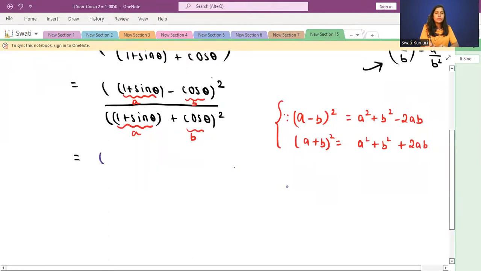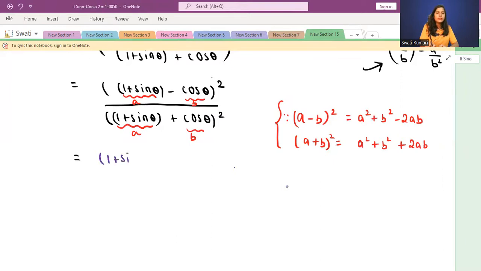So a is 1 plus sine theta, so this will become (1 plus sine theta) square, plus b square. B is cos theta, so cos theta square, which is cos square theta, minus twice of ab. So twice of a is 1 plus sine theta and b is cos theta, which is same as 2 cos theta into (1 plus sine theta). We have used the formula of (a minus b) whole square.